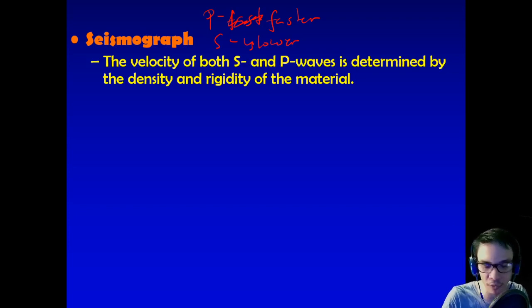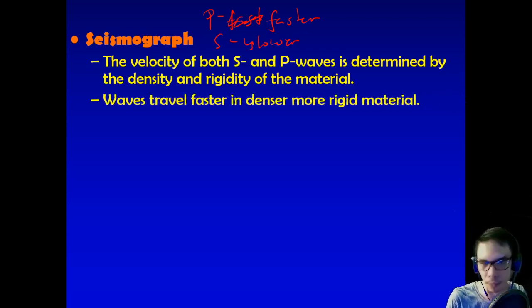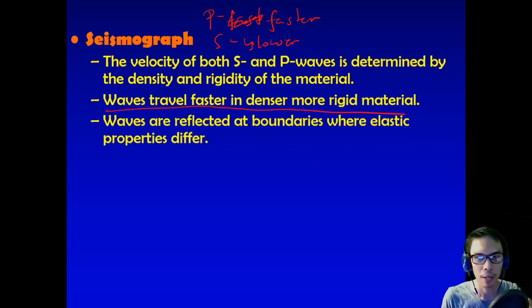It can be the density of that rock material, or the rigidity, in short the compactness. These two factors affect how the P and S waves move through the material. The waves travel faster in denser and more rigid material. Please take note of this.